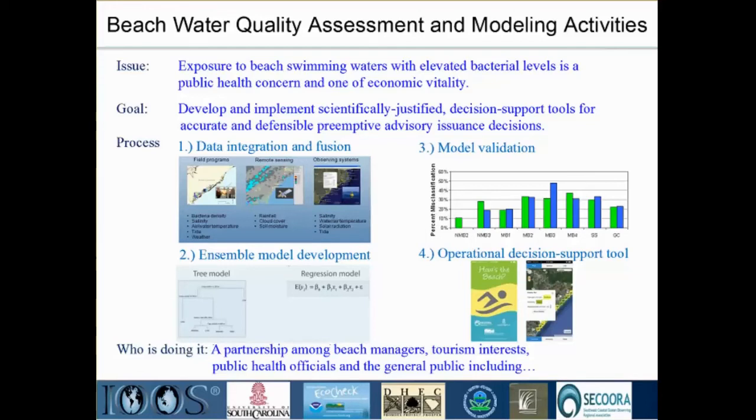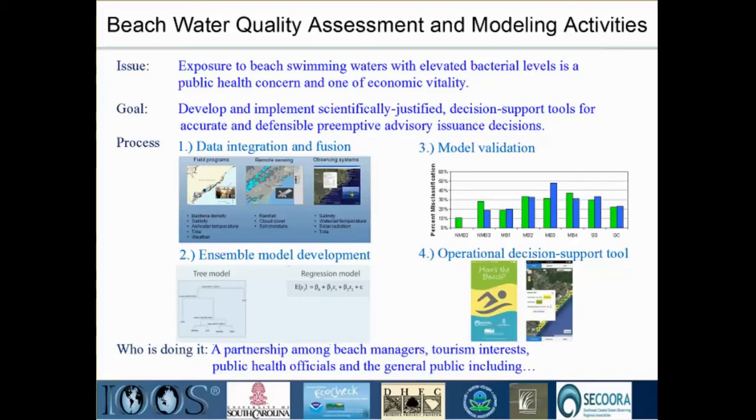So we now work within South Carolina, Florida, and we're moving into North Carolina, where we have preemptive models that on a daily basis provide information to public health, chambers of commerce, and resource managers in each of these states, and to the general public, as to the condition of the swimming waters, so that decisions can be made as to whether or not it's safe to swim. The goal is to minimize vacationers from Ohio exposing their children to bacterial-laden waters and ending up at the local doc in the box.